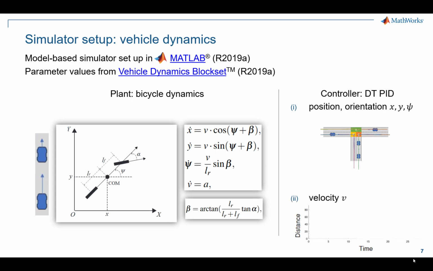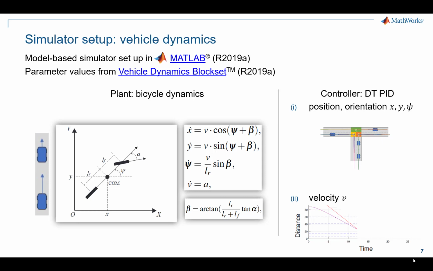And for the velocity, which you don't see in this top-down picture, you can plot a distance versus time, where the distance is distance to the center of the intersection. And you see the profile that we follow for the reference is when they are far away, they have some constant parametric reference velocity, and the parameter of choice is meant to be an indicator of how aggressive a particular driver is.